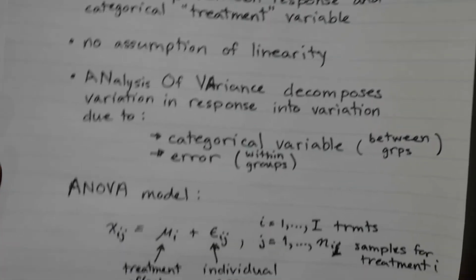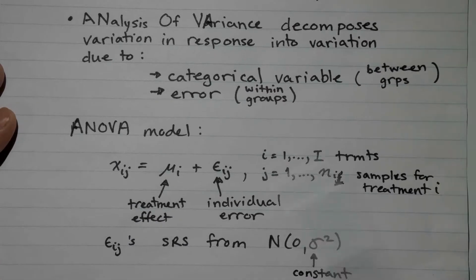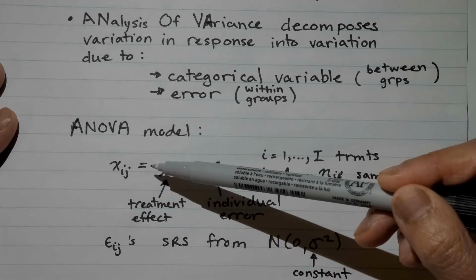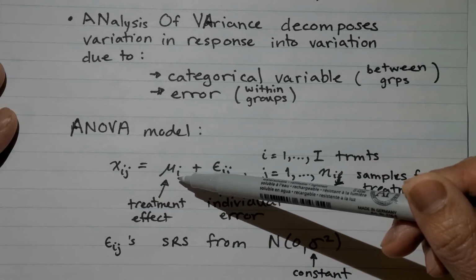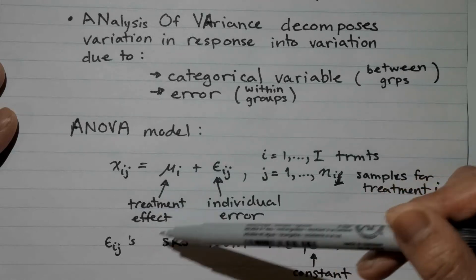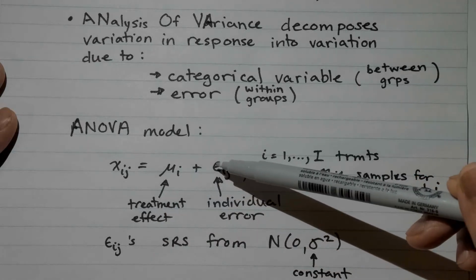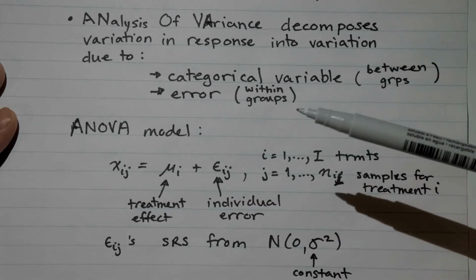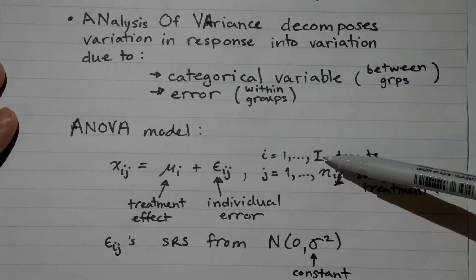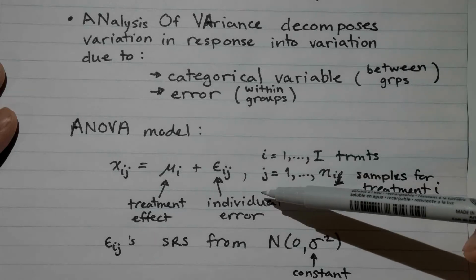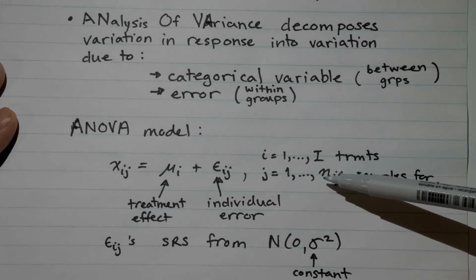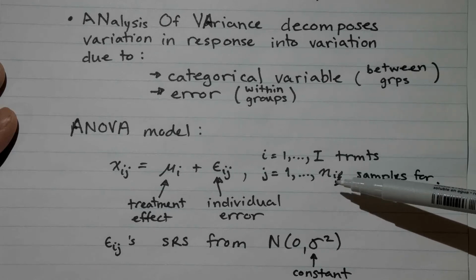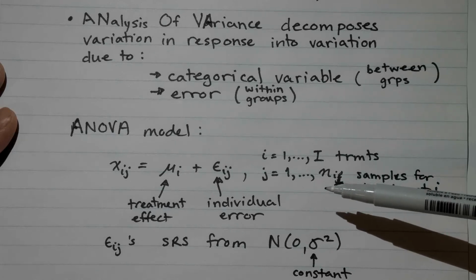So our ANOVA model looks at each value x_ij is equal to mu_i, where this is our treatment effect, plus some individual error, epsilon_ij, where i is equal to 1 to capital I treatments, and j is equal to 1 up to n_i, where there are n_i samples or observations for the ith treatment.